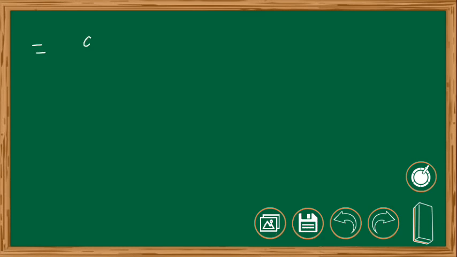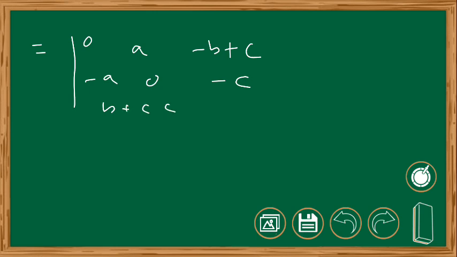0, and this one will be a, and this will be minus b plus c, and again this one was minus a, this one was 0 and this one was minus c, and this one is b plus c, c and 0.